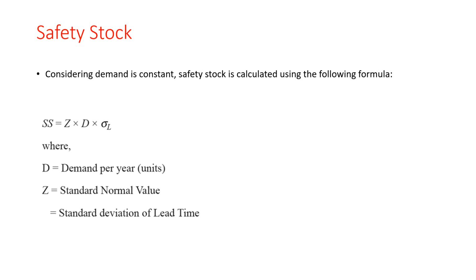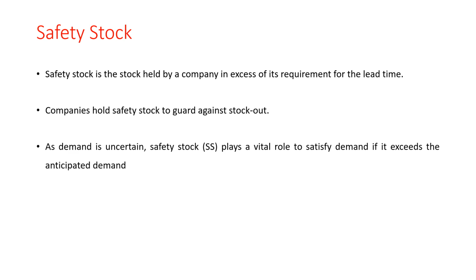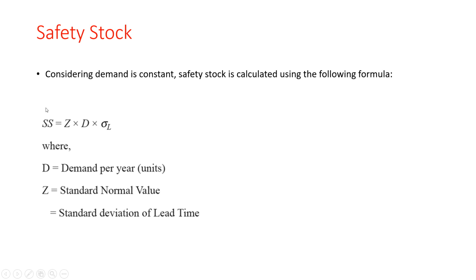Here, considering the demand is constant, safety stock is calculated using the following formula. The formula is SS equal to Z into D into sigma L. Here, with safety stock we satisfy the demand if it exceeds the anticipated demand. So here we are using the demand, and demand is constant.